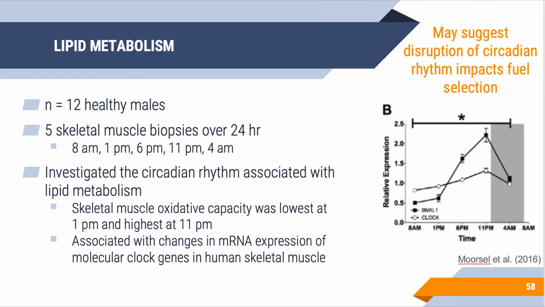What they also found was that there was an association with changes in mRNA expression of these clock proteins that followed these same trends. So clock proteins were lowest at 1 p.m., highest at 11 p.m., suggesting that there's this link between the expression of clock proteins and lipid metabolism, linking circadian rhythms and lipid metabolism.